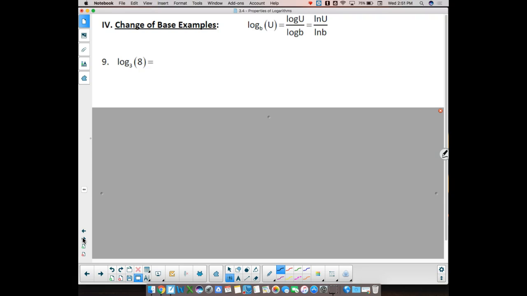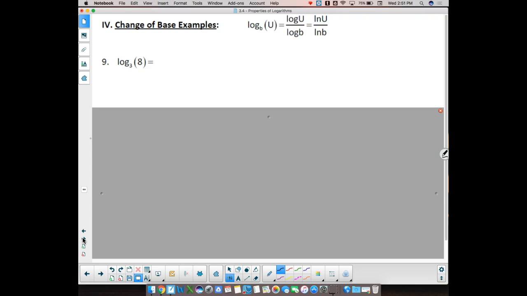Change of base. So remember, logs are exponent finders. So I need an exponent to go on 3 to get me 8. Okay? Not the easiest, right? It's almost 2, right? Because 3 squared is 9. But it's not, so we've got to find it. And it's not easy to do on here.